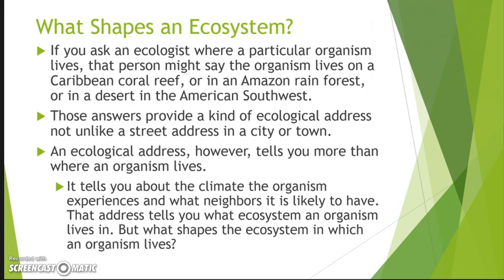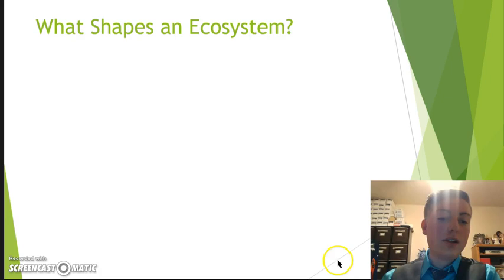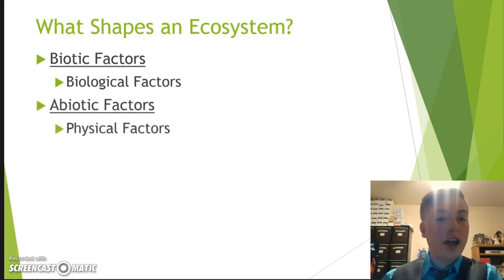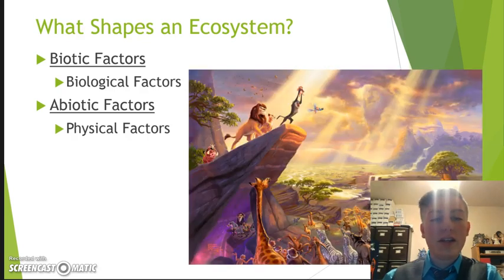But what shapes the ecosystem in which an organism lives? So what shapes an ecosystem are biotic factors, so biological factors, and abiotic factors, so physical factors. So here you can see a picture of Pride Rock in The Lion King, and you can see there are both abiotic and biotic factors in this picture.